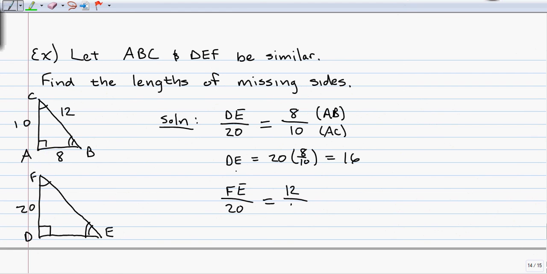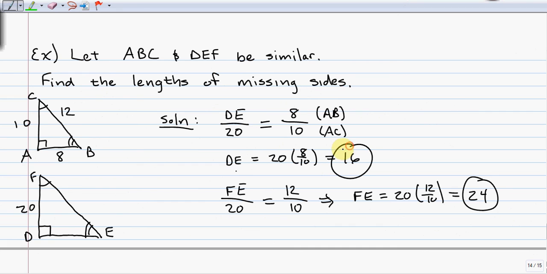Now we can solve. FE is equal to 20 times 12/10, or 24. So we know FE is 24 and DE is 16.